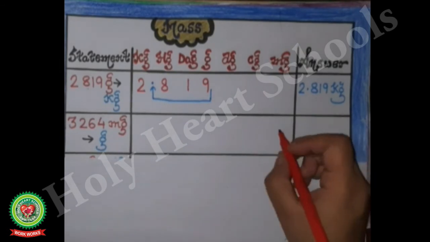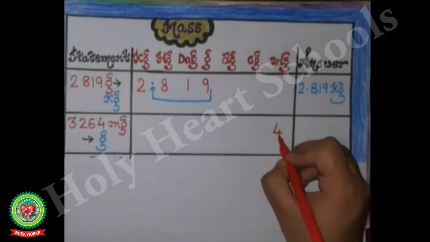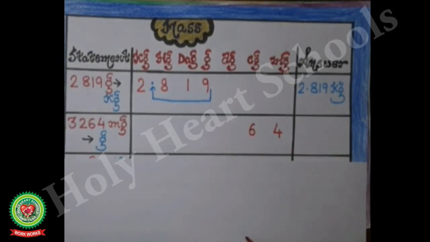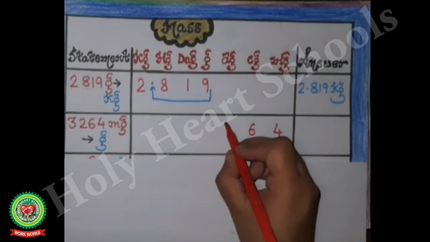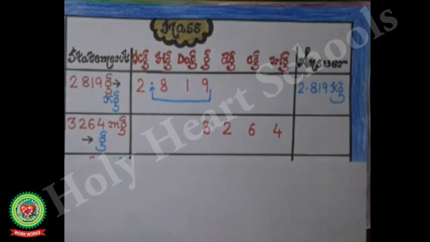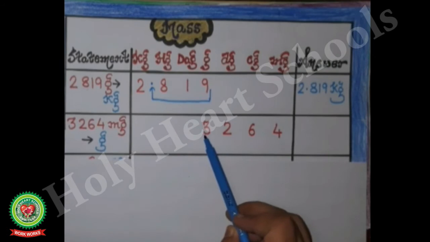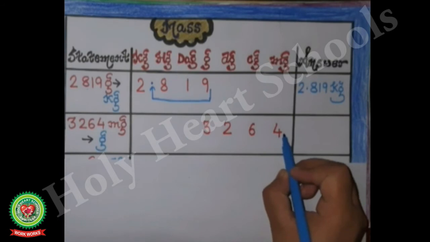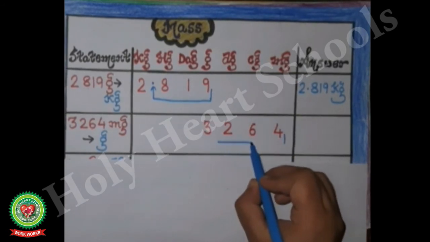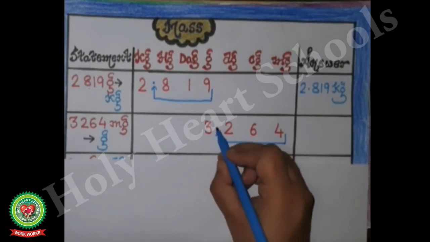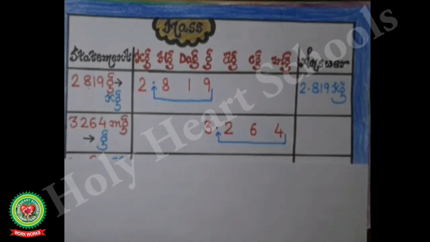Let's arrange the numbers. 4 under milligrams, 6 under centigrams, 2 under decigrams, and 3 under grams. Now, we have to convert milligrams into grams. That means we will move from milligrams towards grams. That means here after 3, the point will come. So let's write down the answer.